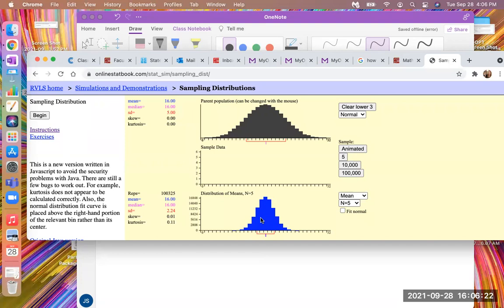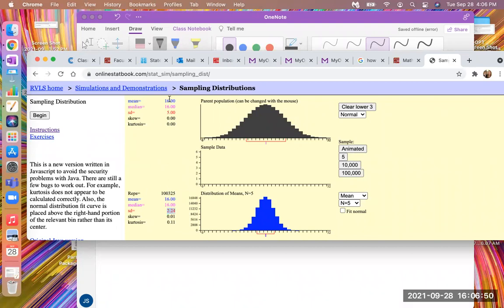And we can actually calculate the standard deviation. The original standard deviation was 5 up here, and the new standard deviation of this sampling distribution of the sample mean is significantly lower. It's 2.24, and there's a formula that will predict what this standard deviation will be.